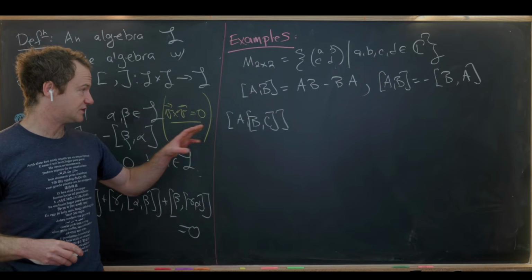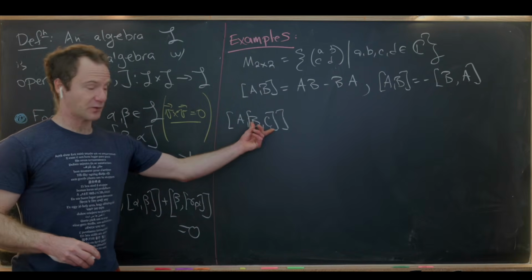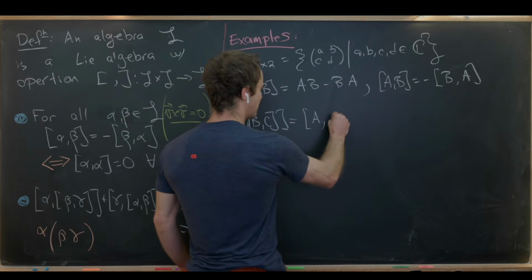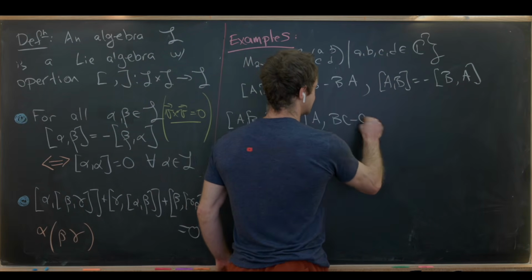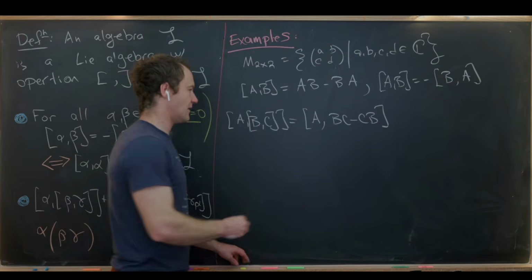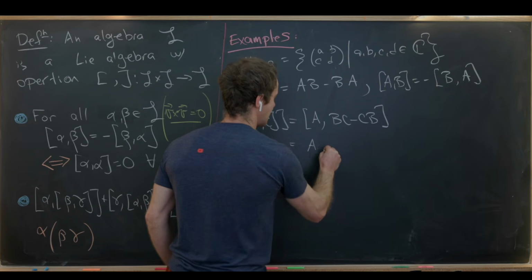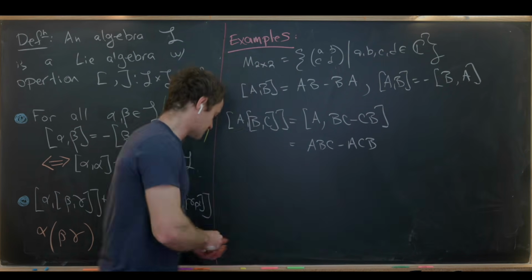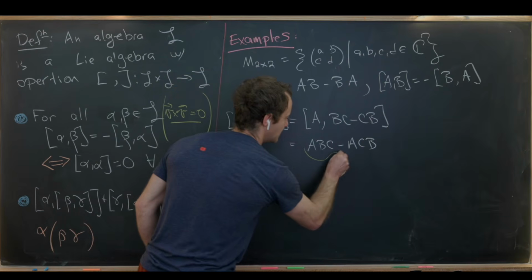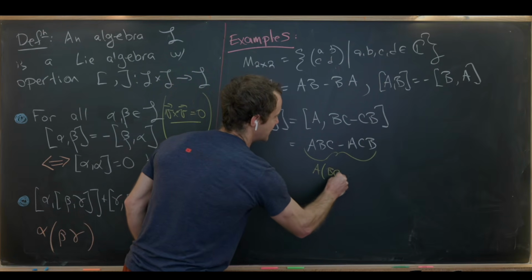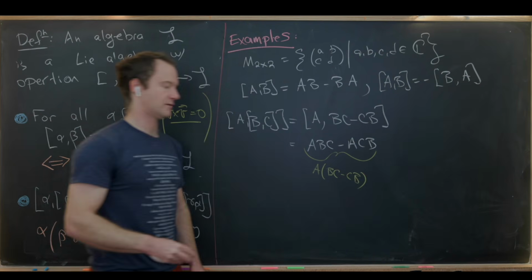So if we would do bracket A with bracket BC, that's going to be the same thing as bracket A with BC minus CB, right? That's this bracket. And then we would have A, BC minus ACB. So just to be careful here, this guy right here is A with BC minus CB, right?